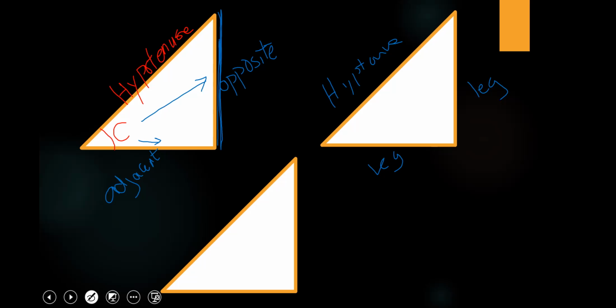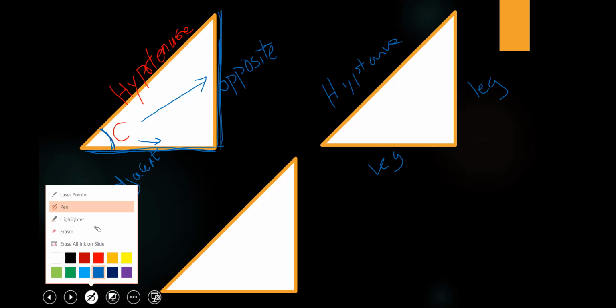I want to name them, to say this is opposite, this is adjacent. But when I name it, I will not choose the opposite or the adjacent as I want. I want to name it according to the angle. The side that is opposite to the angle, we call opposite, and the side that is near the angle, we call adjacent. Okay, Miss, thank you. I understand it now.